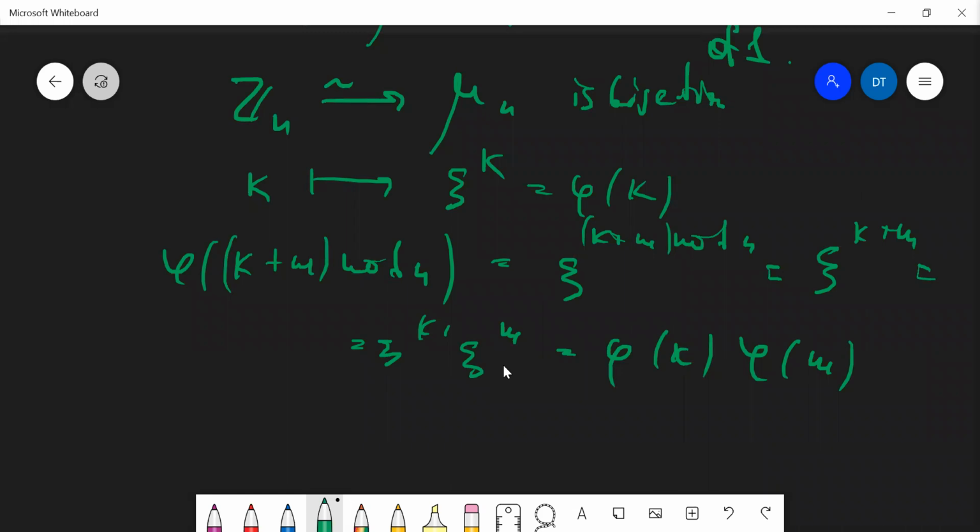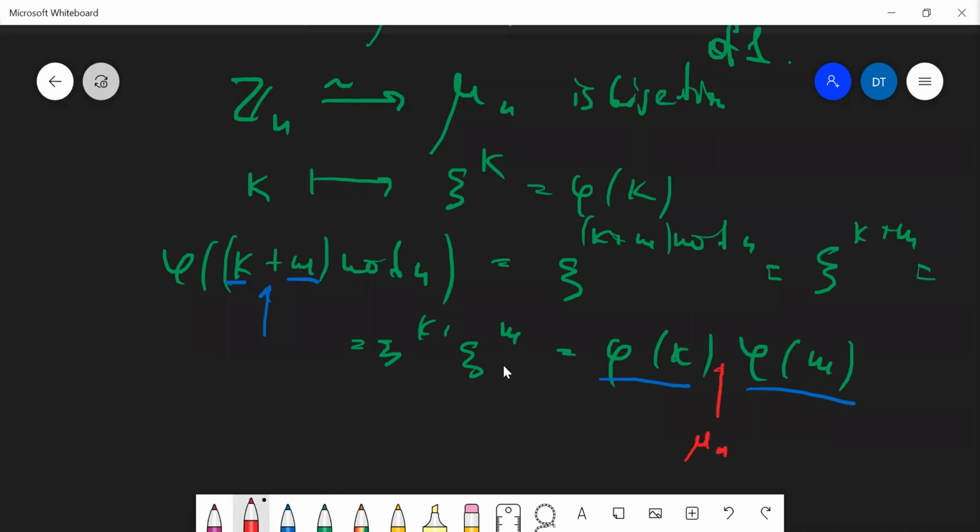Oh, okay. So as you can see, if you take two elements and add them in Zn and then apply phi, the result will be exactly the same as if you apply phi to each element k and m and then apply the operation in the group mu n.